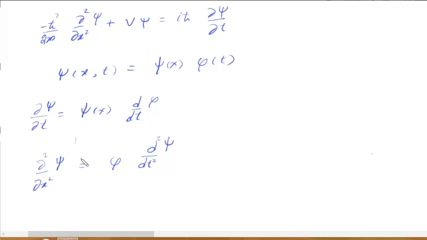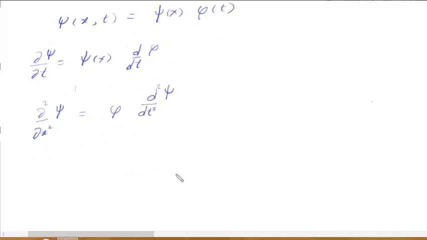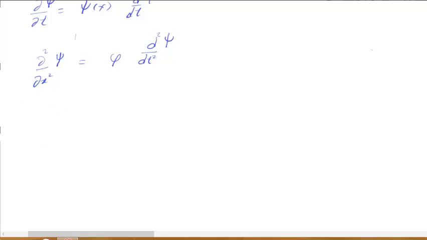Then we put these two equations into the Schrodinger equation. Now we get minus h cut square divided by 2m, d square psi divided by dx square times phi, plus V psi phi, is equal to i h cut psi times d phi divided by dt.